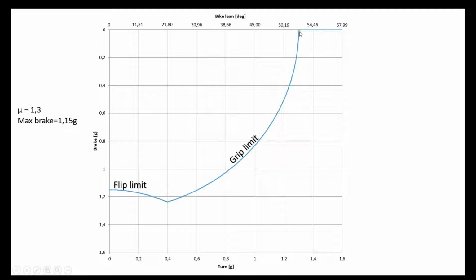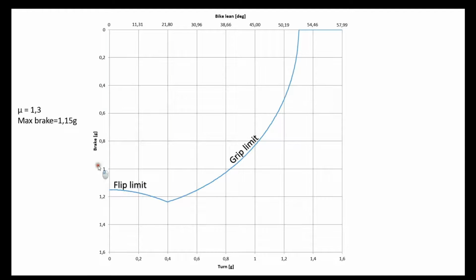If nothing else hinders, you can brake with 1.3 G, you can turn with 1.3 G, and as you can see here, because the bike is short and the center of gravity is quite high on a race bike, the bike will flip at approximately 1.15 G.